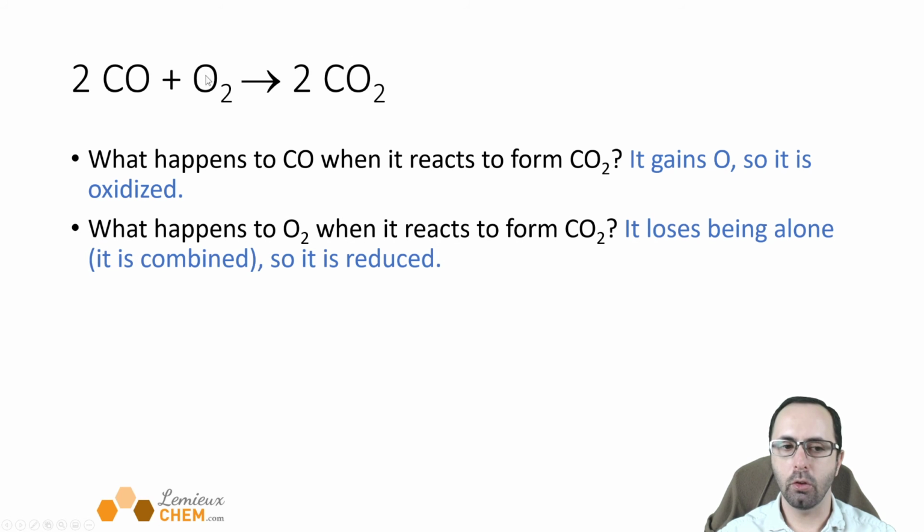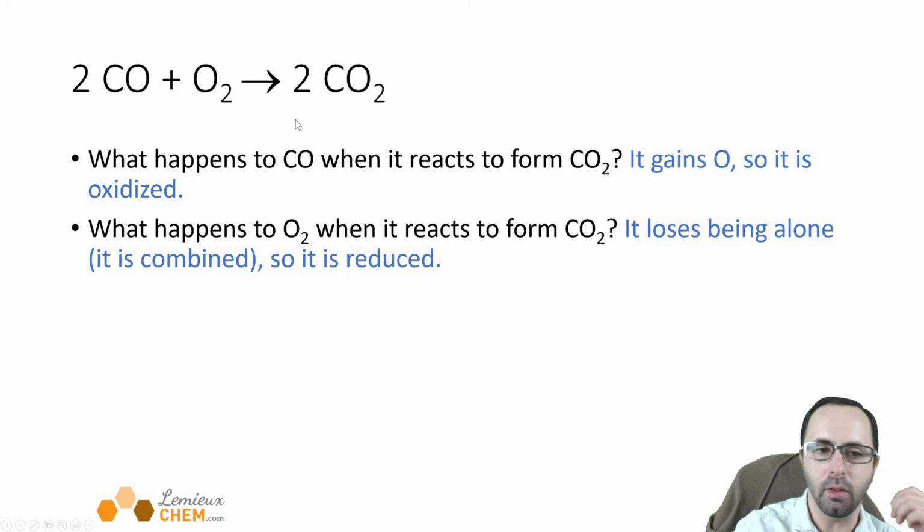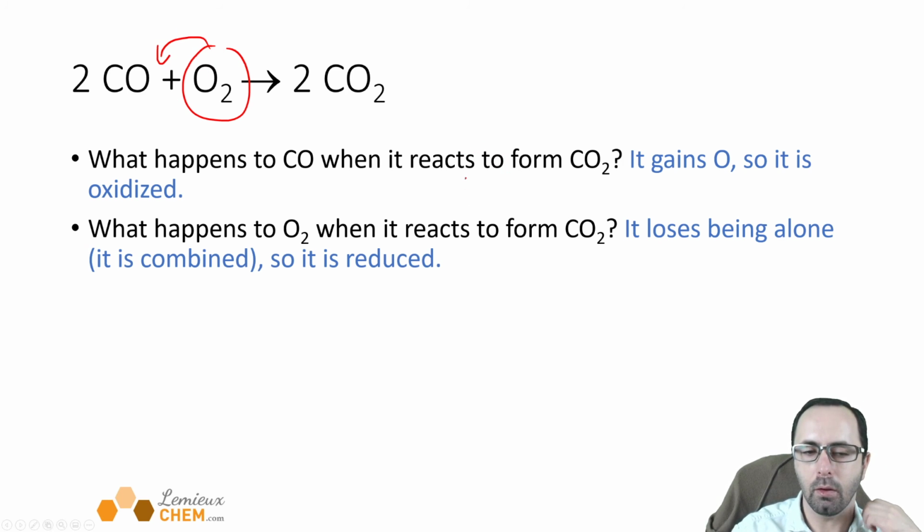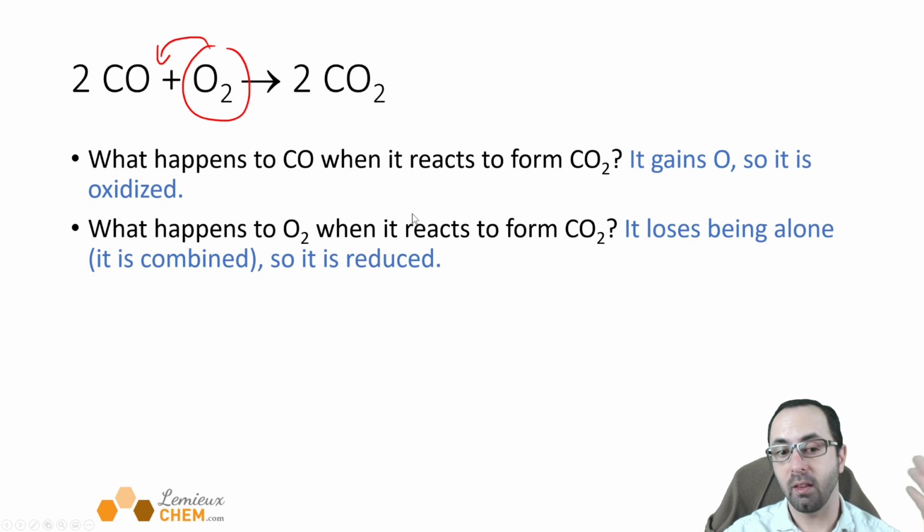What happened to the O2? Well, the O2 was the source of the oxygen atoms. The oxygen atoms came from the O2, and then they attached themselves to the CO to make CO2. So since the oxygen atoms came from the O2, we could say that the O2 lost its oxygen atoms. So in that sense, it was reduced.